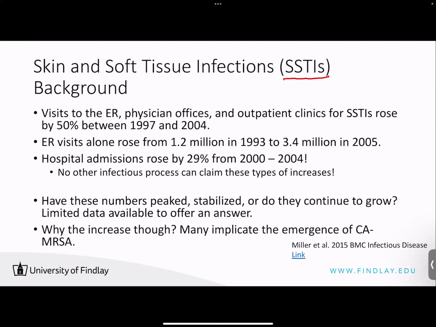Just look here, ER visits alone, 1.2 million in 1993 to 3.4 million in 2005. That's old data. What do you think it is now? I don't have that information at the ready, but it's going to continue to go up. And those getting admitted for a skin or soft tissue infection increased 30% in a 4-year span.